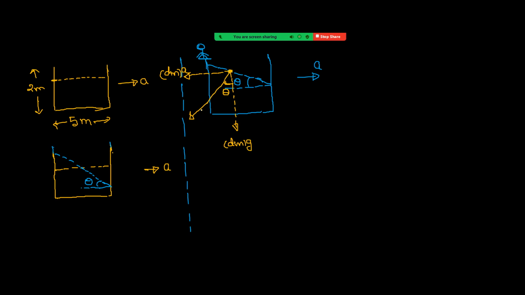Then the angle made by the resultant with one of the vectors is given by tan theta, which is equal to opposite by adjacent side. Opposite means the one parallel to this, dm into a. This is now dm into g. That means it is equal to a by g. See carefully, I have taken tan theta. Okay, it is a by g. So the angle made by the free surface with the horizontal is tan inverse a by g.